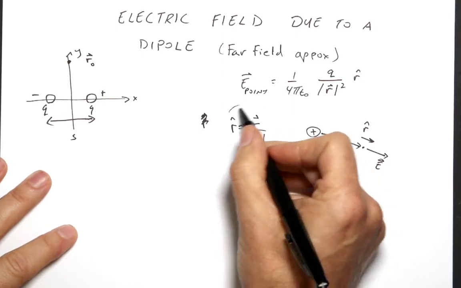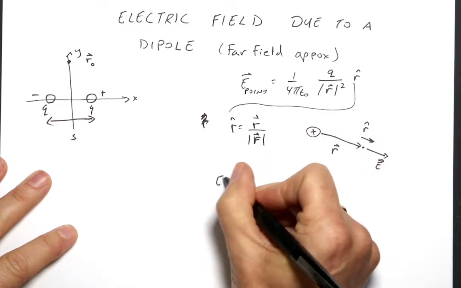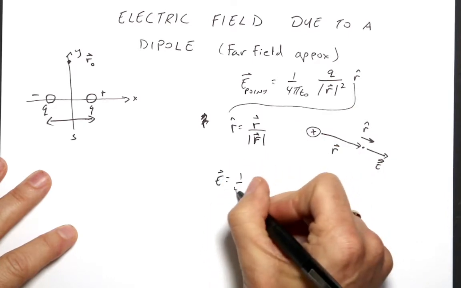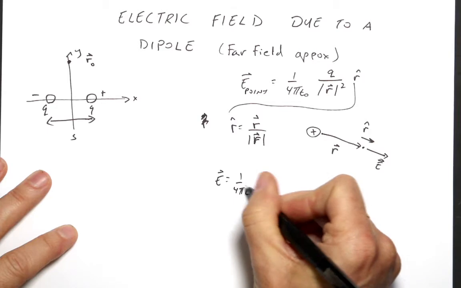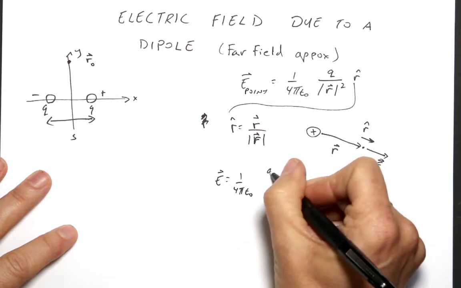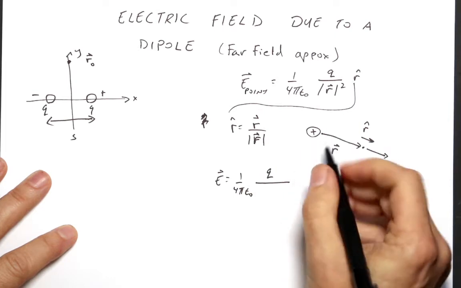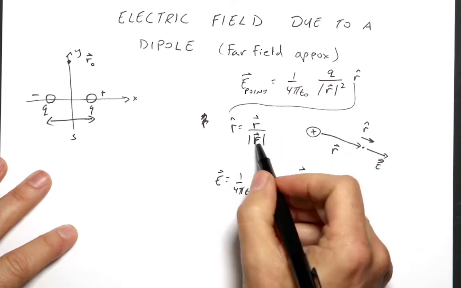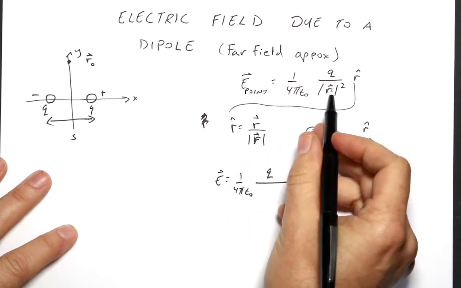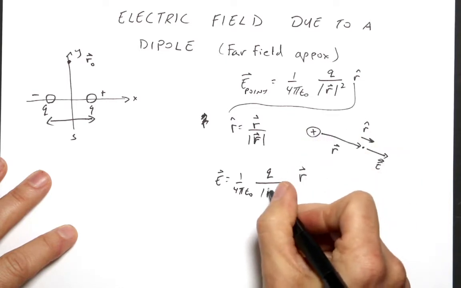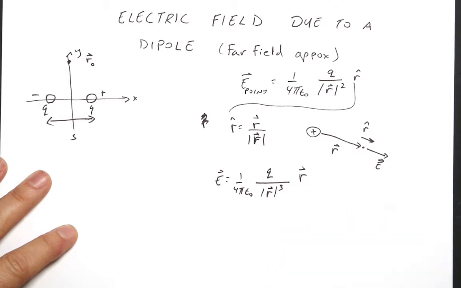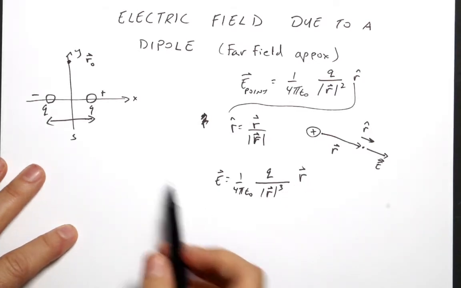So if I put that in up here, I get E equals 1 over 4 pi epsilon naught, which is just a constant, Q over, now r hat is going to be r over the magnitude of r, times the magnitude of r squared, so r cubed. It's the same equation, but this is going to be a little bit easier to deal with.